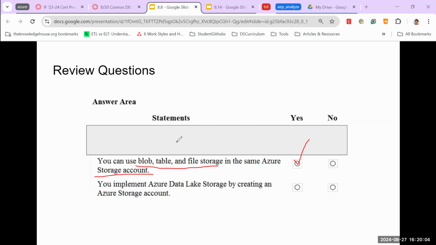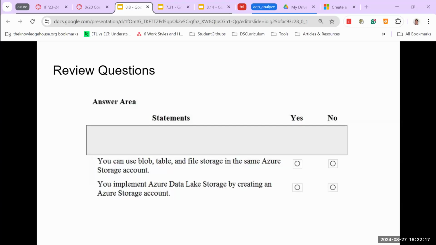Next question, you implement Azure Data Lake Storage by creating an Azure storage account. Now let's think about this as well. True or false? Feel free to pause the video. All right, so hopefully you also chose true for that as well. One thing to keep in mind is that when you want to create Azure Data Lake Storage, the first thing that you always need to create is a blob container, and blob containers always go underneath Azure storage accounts.